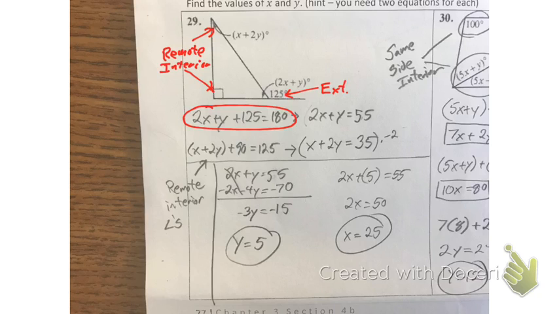Hint, all sides must be equal to be equilateral. So all you had to do is set two of the sides equal to each other. I picked 4n and set that equal to 2n plus 10. And then I solved it. So I have 2n equals 10. So n equals 5.